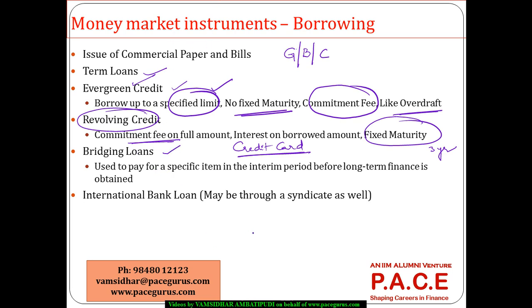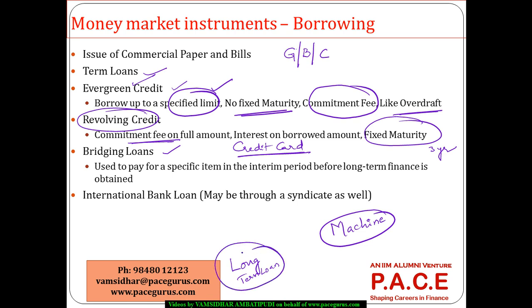Then we talk about a bridging loan. Say I want to buy a big equipment, a big machine. Now I need to get a long-term loan for it, but it takes time to get this long-term loan. The approval procedures and all are quite stringent. So if I need the machine immediately, I'll take a very short-term loan. This short-term loan will fund the machine purchase.